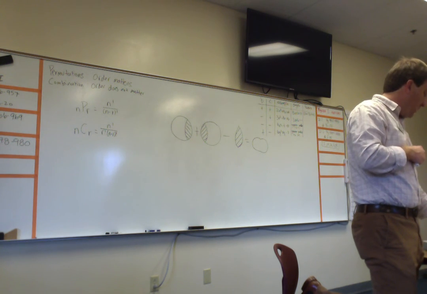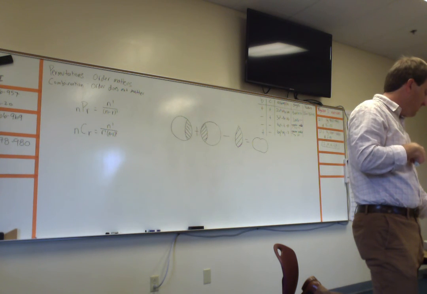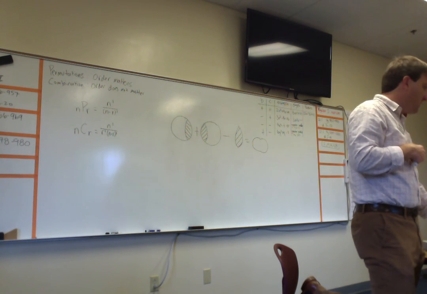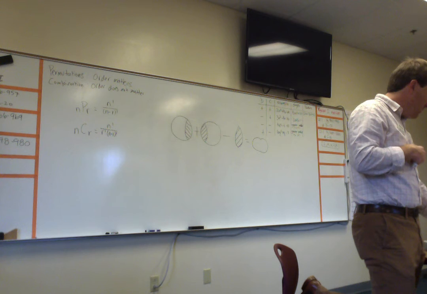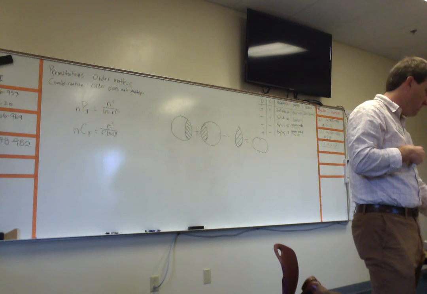So what's the probability that somebody had a headache? 27 out of 100. What's the probability that somebody took no medicine? 40 out of 100. So what's the probability of headache and no medicine? Not or, but and no medicine. 15 out of 100.